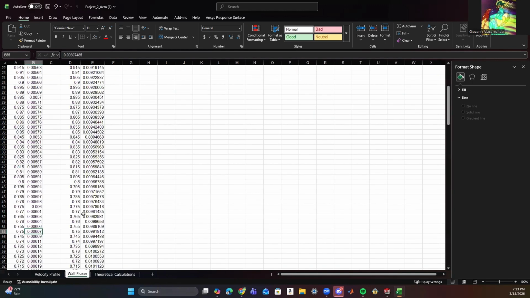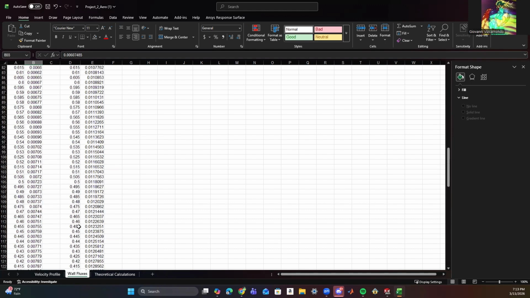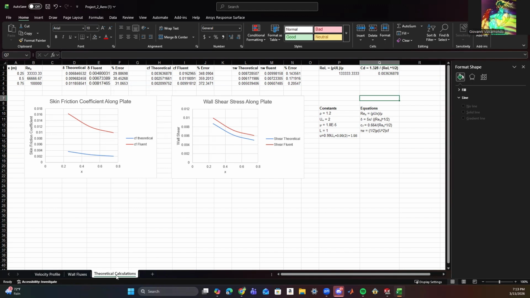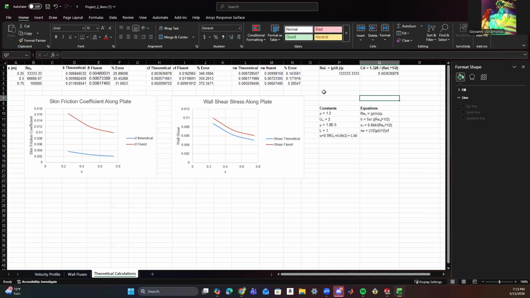I don't think it gave me the drag coefficient. Oh, I guess that would be at 1 right there. Again, that doesn't look exactly right.